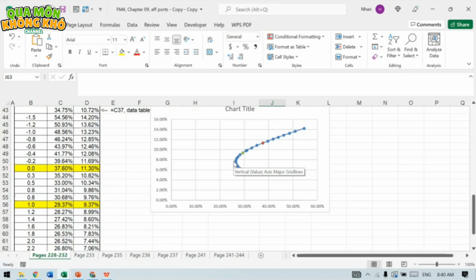So I will give you some instruction. You can use the formula about GMVP, and the formula is the weight matrix of GMVP equals the unit matrix on row multiplied by the covariance matrix inverse, divided by the unit matrix on row multiplied by the covariance matrix inverse and multiplied by the unit matrix on column.